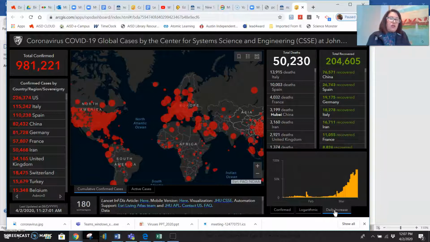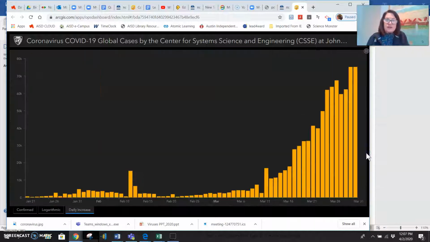Okay, so I'm going to make this bigger. You don't really have to, but just so you guys can see. And these are from day to day, the increases and decreases that we see in the spread of the virus. So we can look all the way back down here to January 21st, there wasn't much. And then February 10th really peaked, and then it went down.